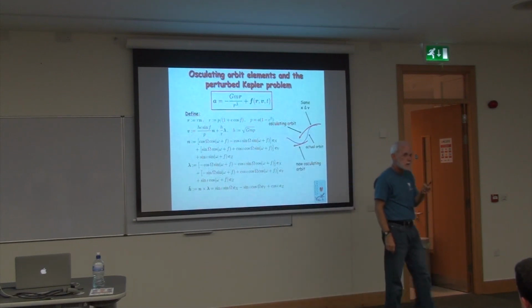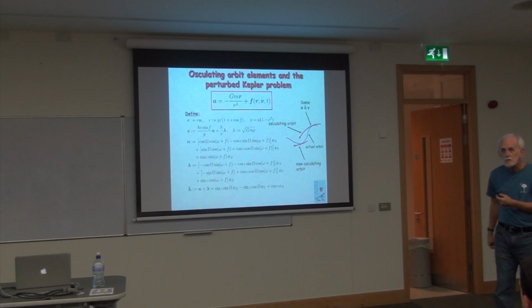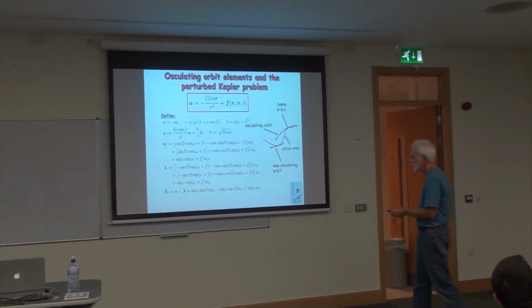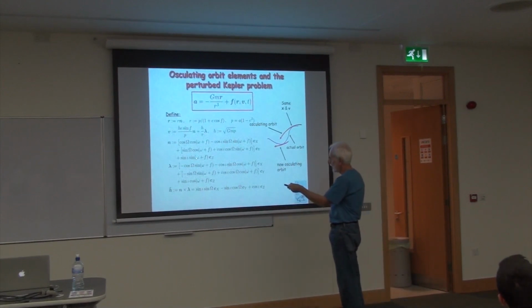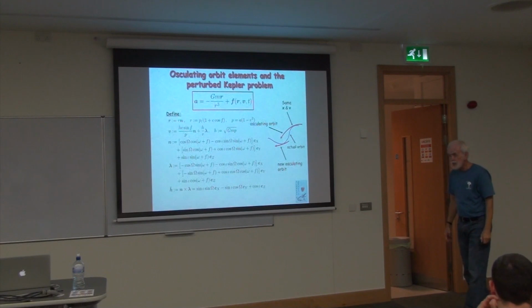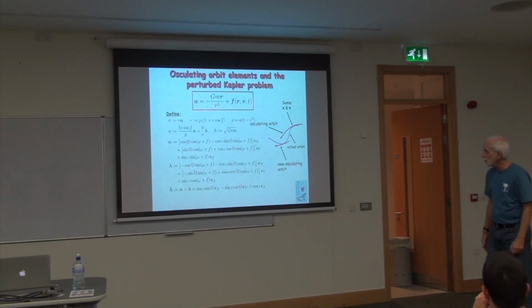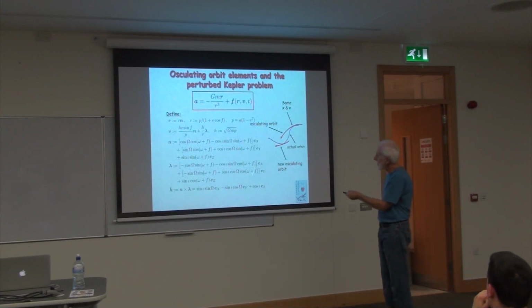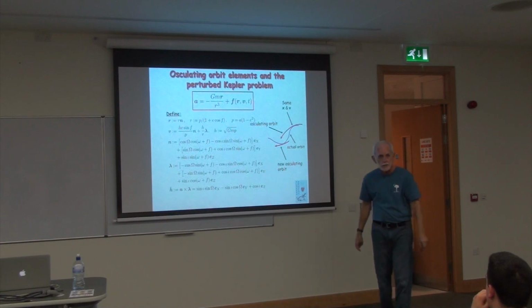And so you can do perturbation theory with initial values and then small deviations from those initial values because of the perturbation. And so that's the heart of this osculating orbit method. We can make an exact Keplerian definition of the orbit, but now the constants are no longer constant.